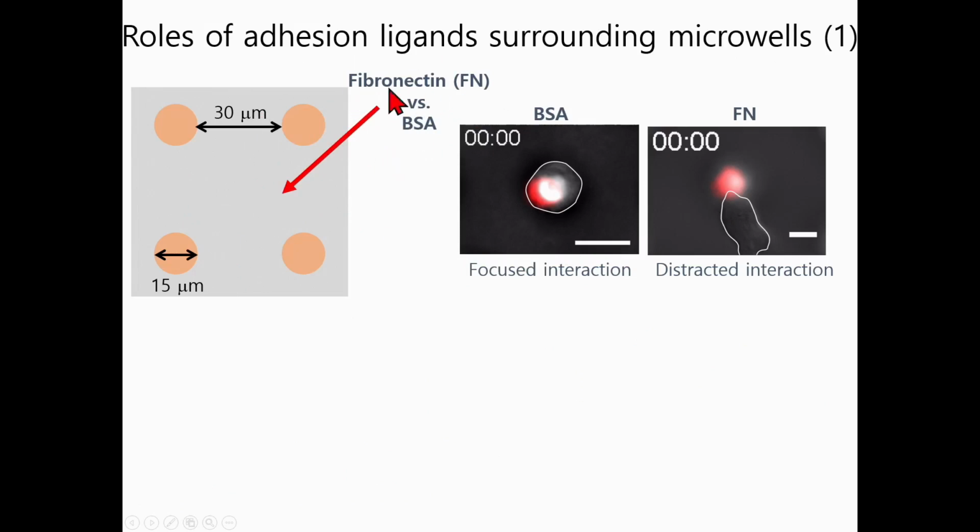Fibronectin is a very typical cell adhesion molecule in ECM, and BSA blocks integrin-mediated adhesion. These red dots are cancer cells, and when we look at the BSA-coated microwell, NK cells are making very, very stable interactions. But with fibronectin, they are really distracted by the signal of fibronectin, so they are really dancing, but not really focusing.